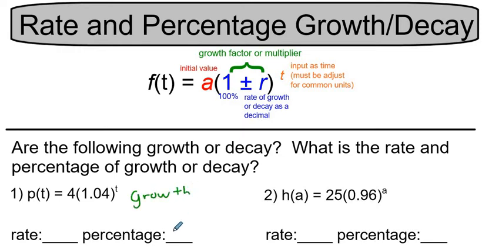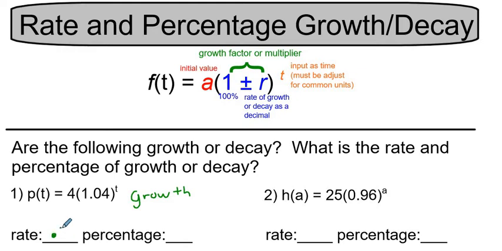And the growth rate is found by simply realizing that all problems in the real world are based off a 1, 1 meaning 100%, 100% of the people, 100% of the money, 100% of whatever you're looking at. So if this were a temperature, you're talking about starting at 4. That's what the 1 means. So the 0.04 is the rate that is above that.